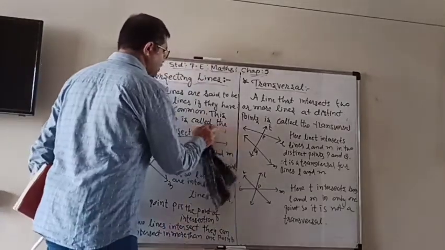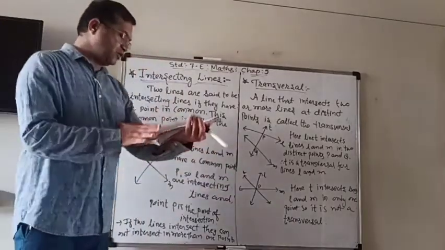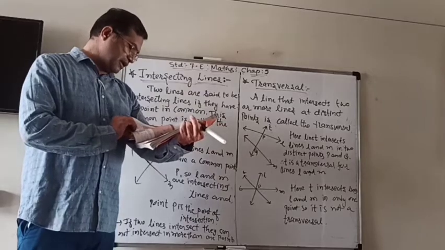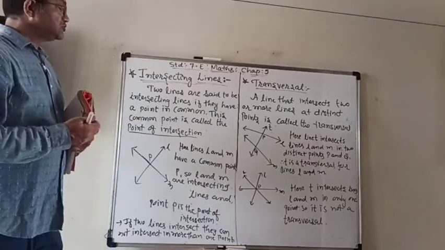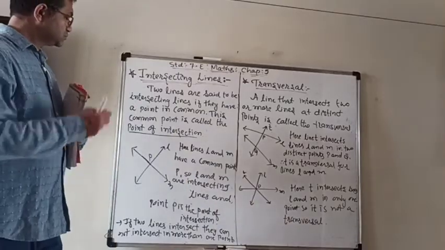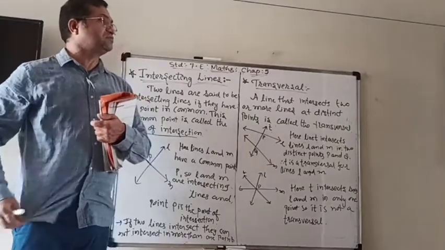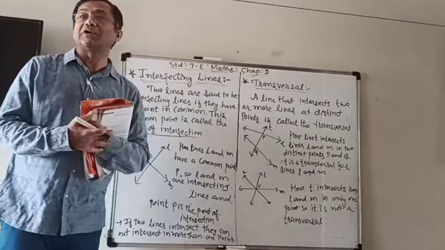So they are non-intersecting lines, which are known as parallel lines also, but we will learn about it later. So here we have to learn that when lines are intersecting, when can we say that? Only when they have a common point.